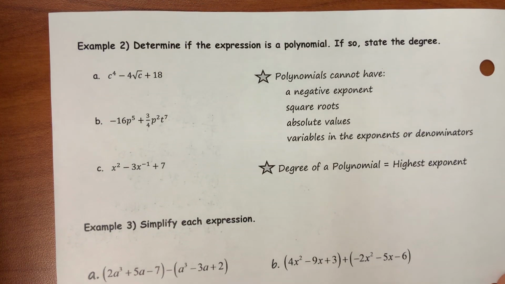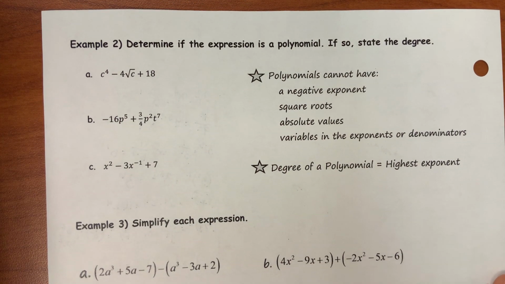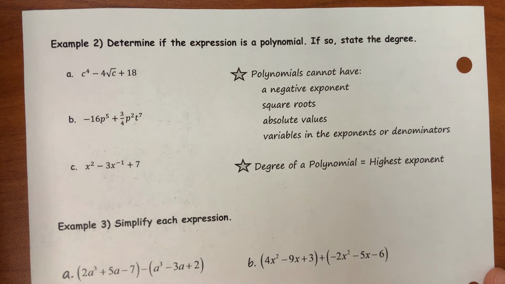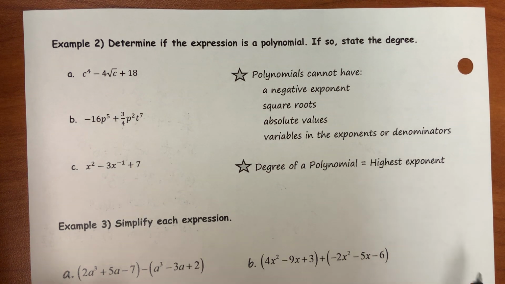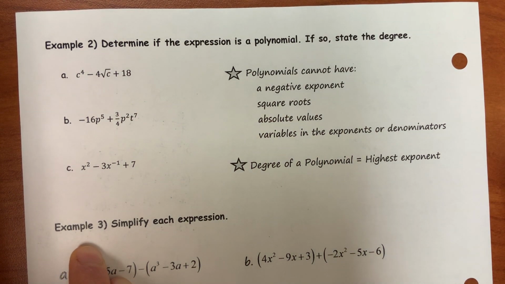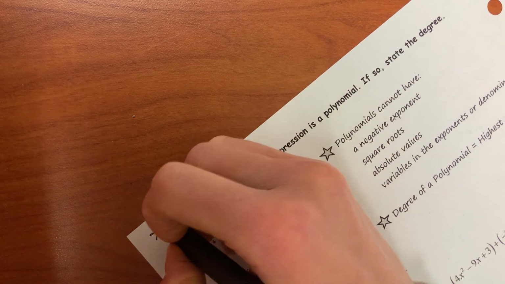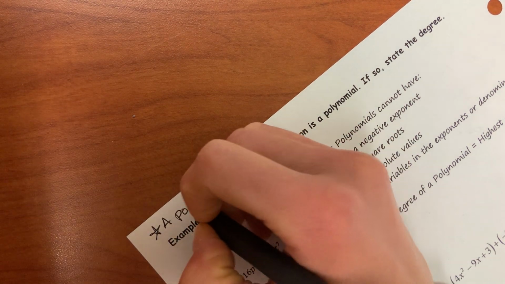All right, so what I want you to do here is determine if the expression is a polynomial. And if you say it is, I want you to state the degree. A polynomial's degree is the numerical value of the biggest exponent. So let's write that down.